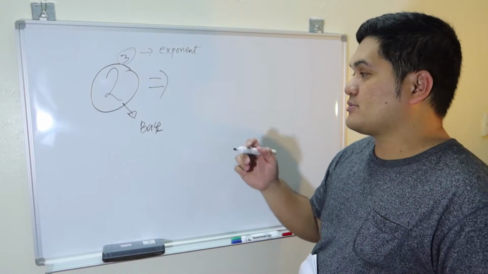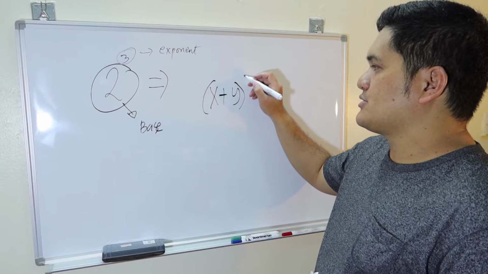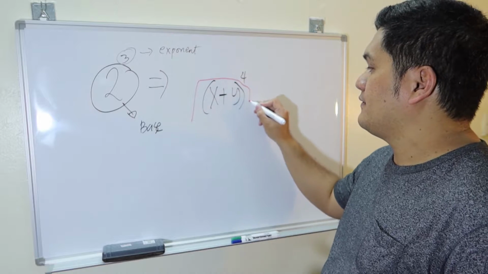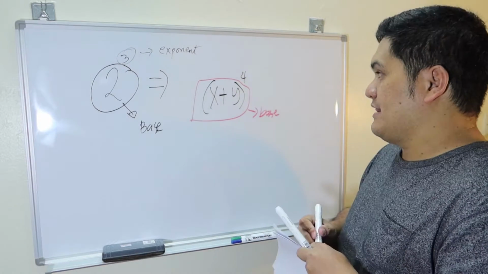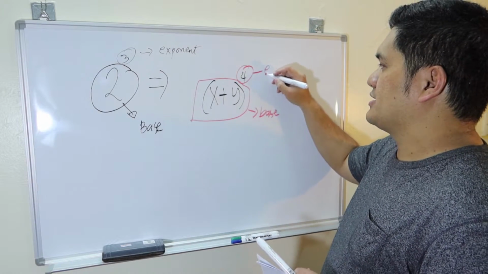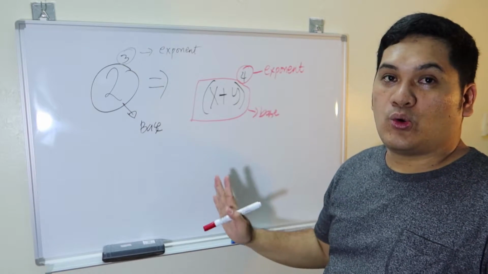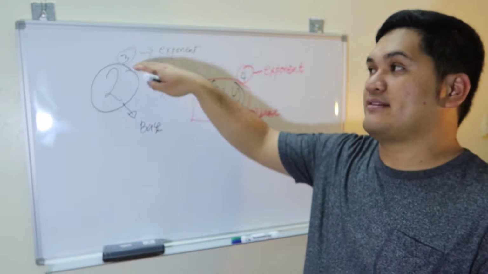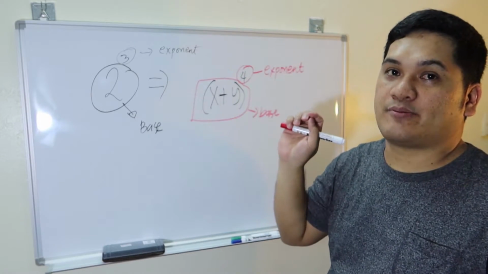Or if you have the expression x plus y raised to 4, your x plus y is your base, and then your 4 is your exponent. So now you know that this is our base and this is our exponent, in an expression.